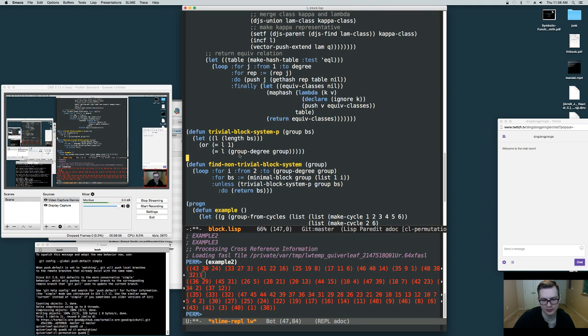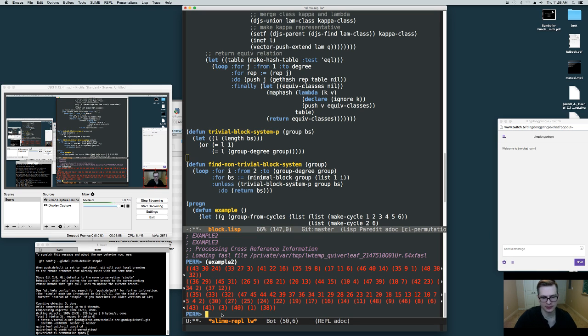So the idea is that an element permutes across the entire set of 1 to the degree of the group, or it doesn't go anywhere, and so all of the blocks are just singular elements. So if it's a trivial block system, we're not really interested.